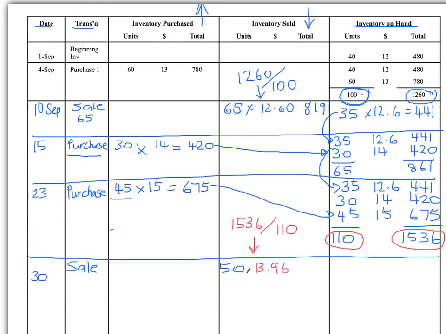So 50 times that average, $13.96, is $698. How many units are left? 110 minus 50 means that there are 60 left, times $13.96, and that's equal to 838.